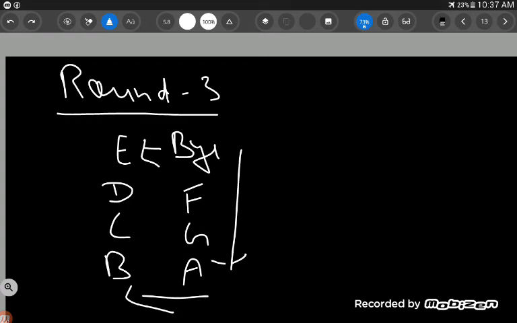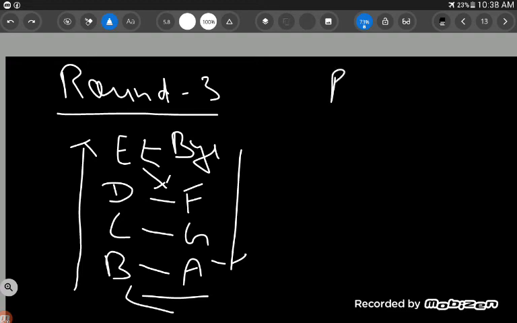Remaining teams will play the matches: D versus F, C versus G, B versus A, and we will draw the arrow here. Any doubts? In the third round also you will get 3 matches.